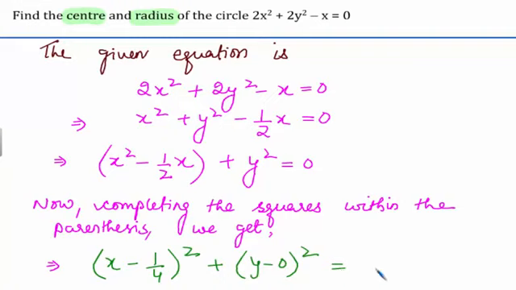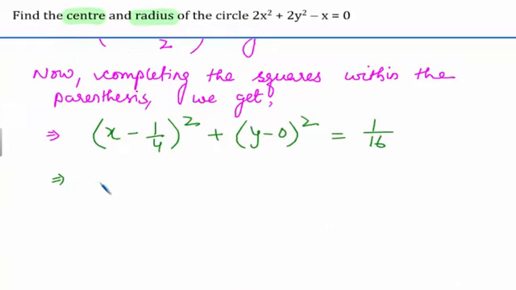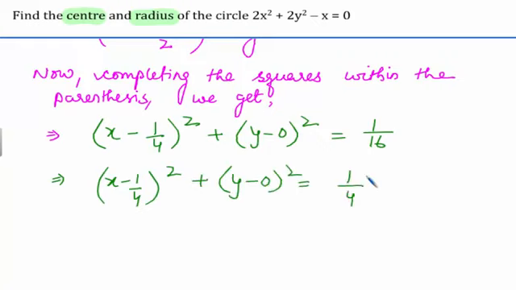So to equate the both sides, we write 1 upon 16 on the right hand side. So this further implies that x minus 1 upon 4 whole square plus y minus 0 whole square is equal to 1 upon 4 whole square.